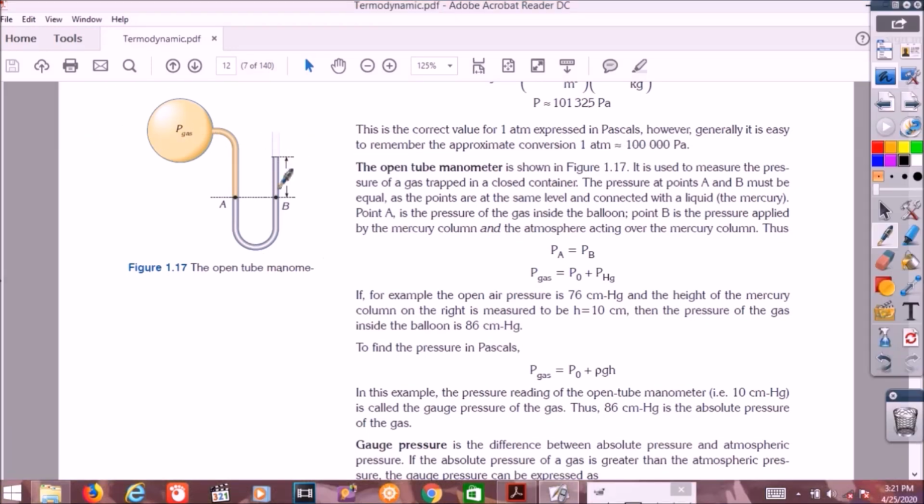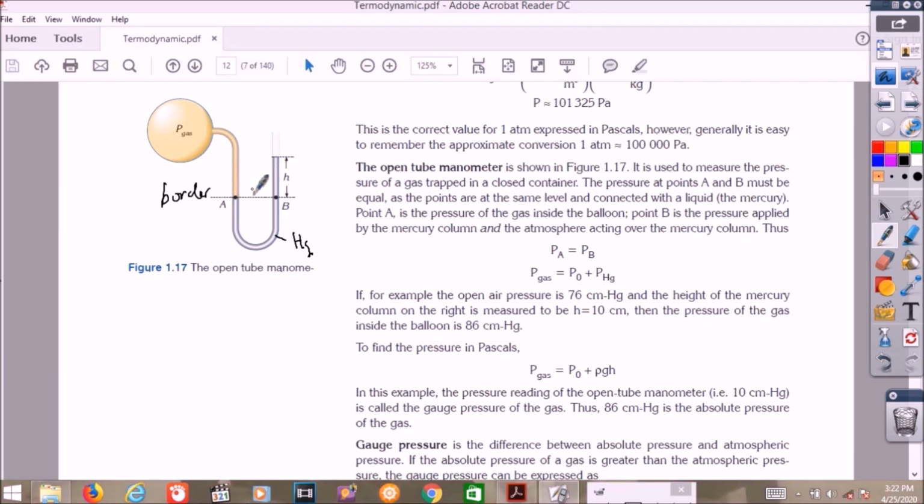The fluid inside is mercury, and you see there is a different height of mercury on the two sides. At point A is the border between the gas and the mercury. On the other side, the difference in height is marked with the symbol h, the difference of the height of mercury in the tube.